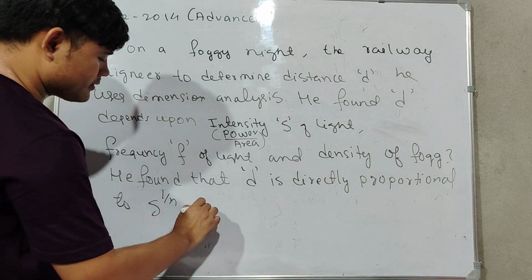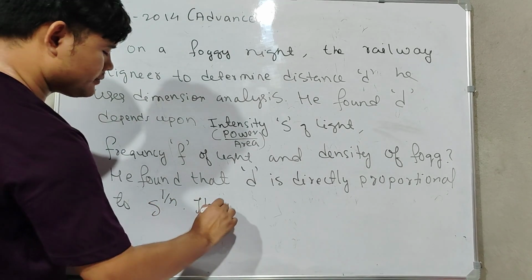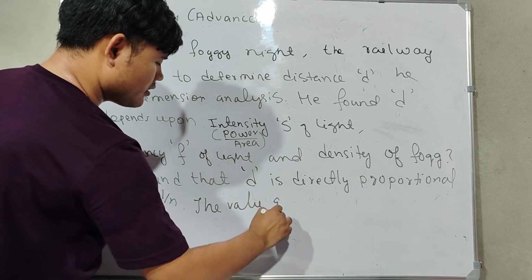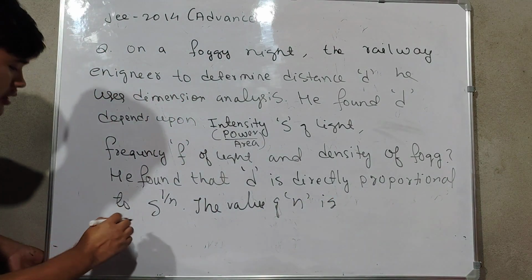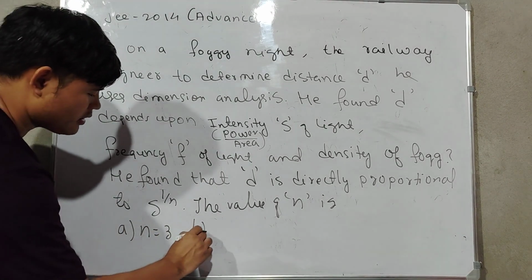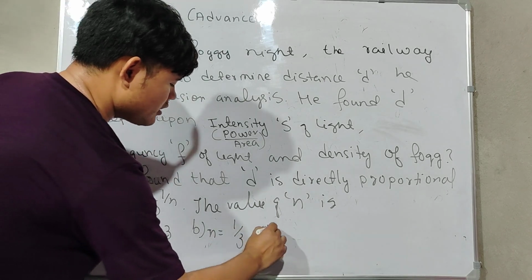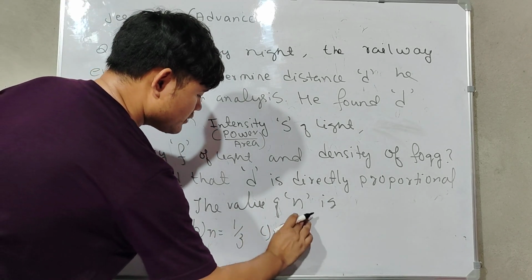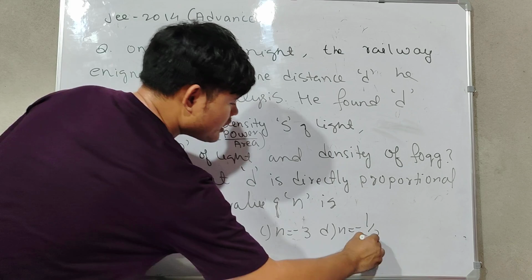Find the value of n. The options: A, n is equal to 3. B, n is equal to minus 1 by 3. C, n is equal to minus 3. And D, n is equal to minus 1 by 3.